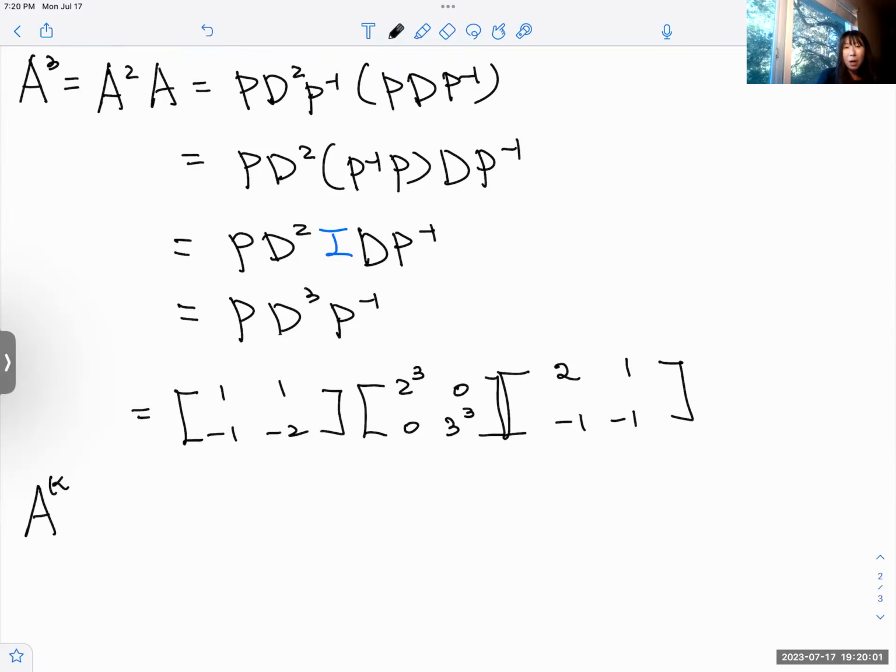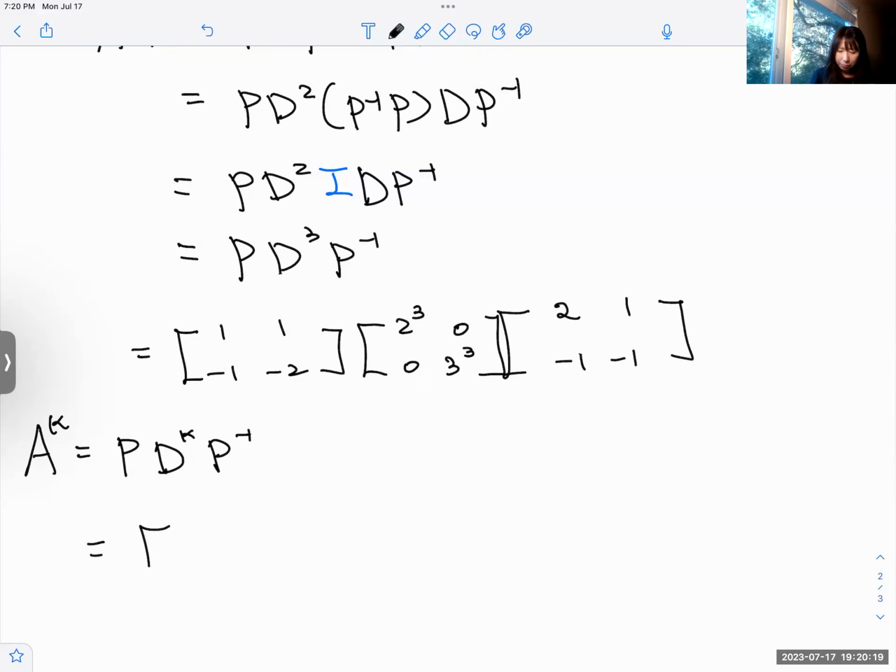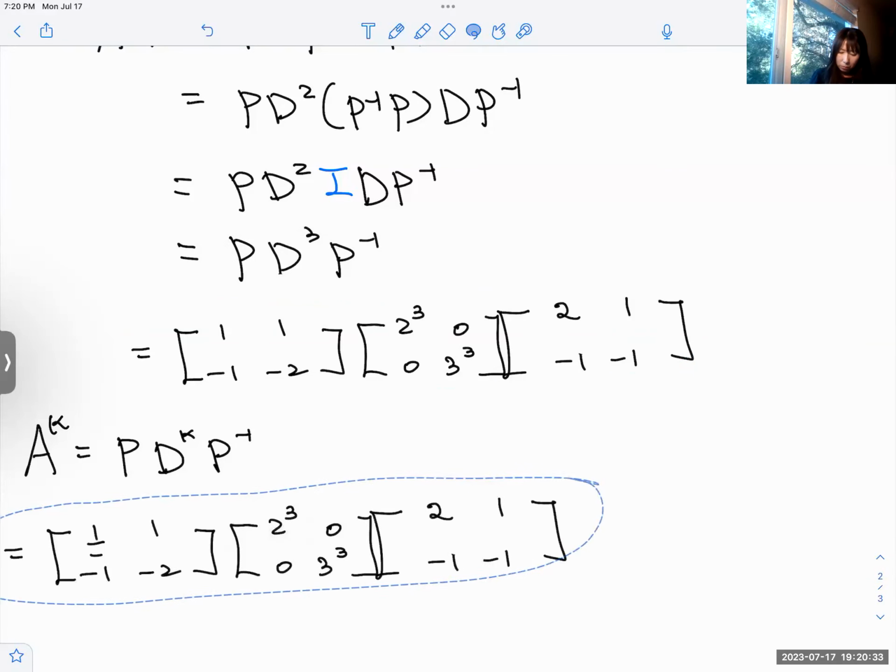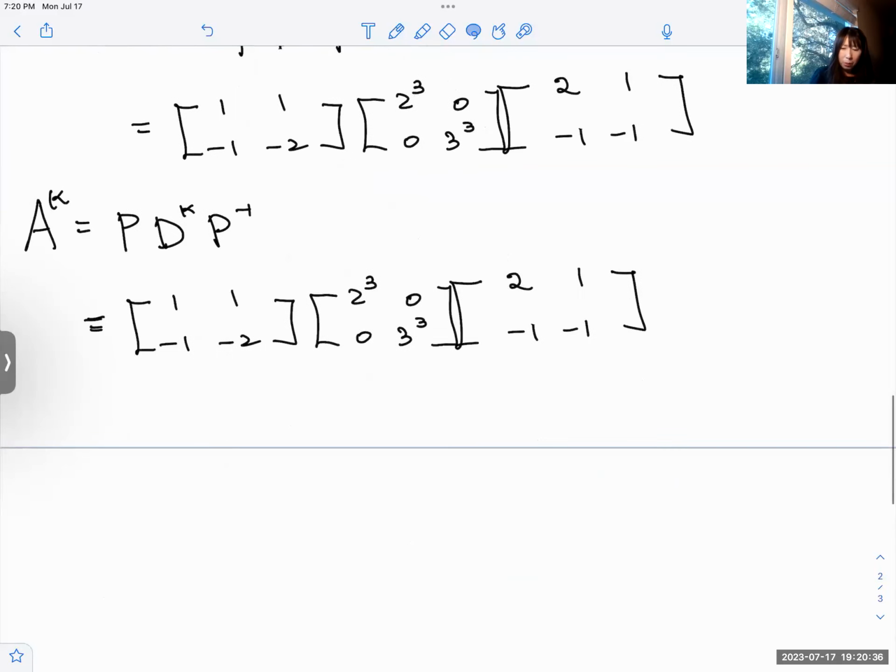So A to the k power, any power, we can make as matrix P, then the diagonal matrix with the k power, and then the inverse of matrix P. Let me just change the power. Now we multiply.